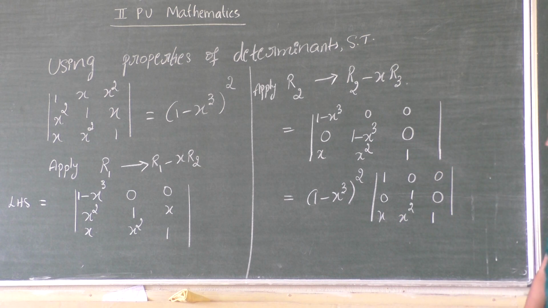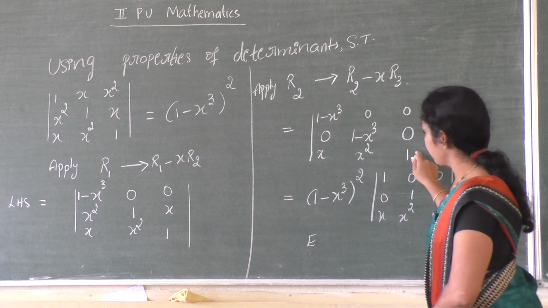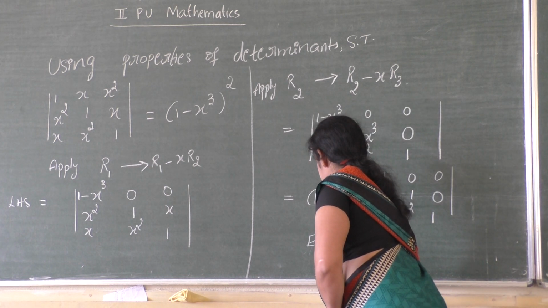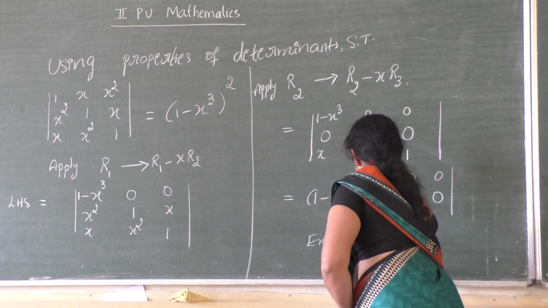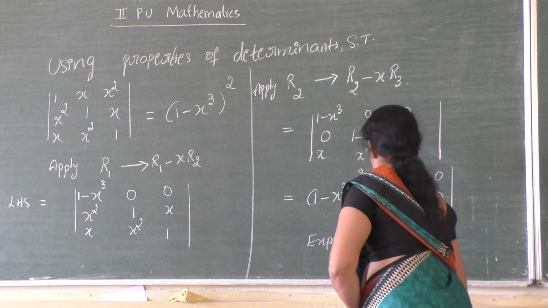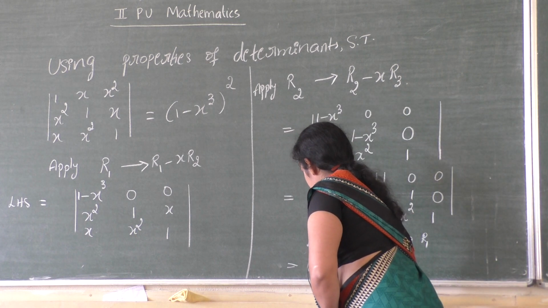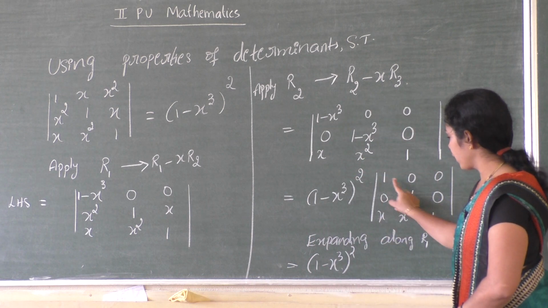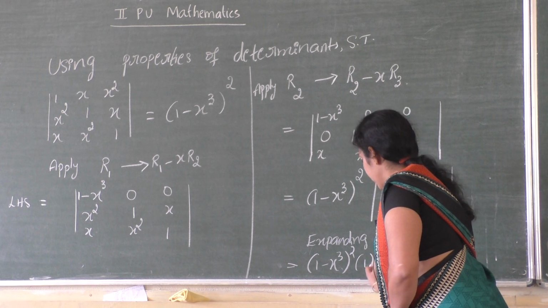Now expanding along the first row, R1, this is equal to (1 minus x cube) whole square into 1 minus 0, that is 1.